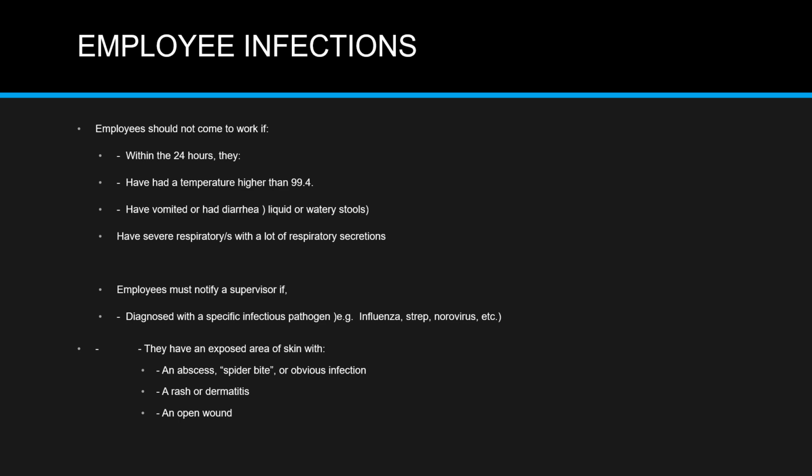Employees must notify a supervisor if diagnosed with a specific infection pathogen, for example influenza, strep, norovirus, etc., or if they have an exposed area of skin with an abscess, for example a spider bite, or an obvious infection, a rash or dermatitis, or an open wound.